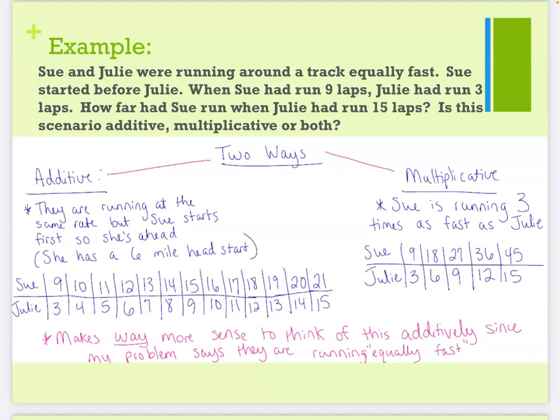But notice they're running at the same rate. If you look at it multiplicatively, you might say, oh, Sue is running 3 times as fast as Julie, and you might make a different table. But if you really think about this, it makes a lot more sense to think of this additively, since it says they're running equally fast. So thinking of it multiplicatively does not make sense in this case.